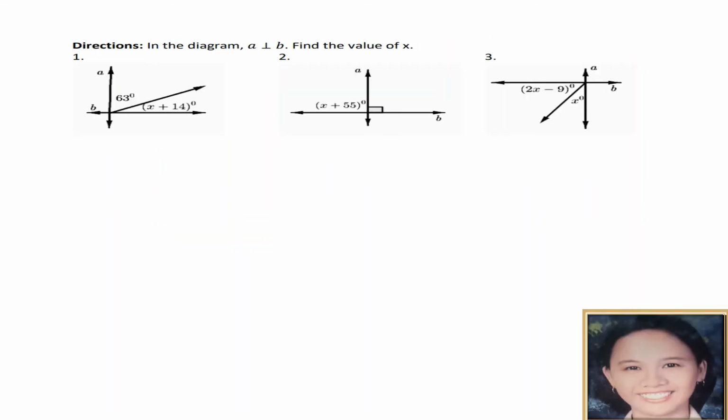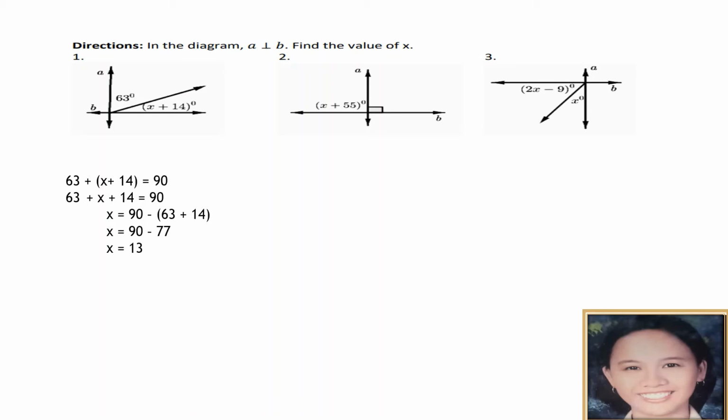Let's try this one. In the diagram, A is perpendicular to B. We have to find the value of x. Now let's look at number 1. We notice 63 degrees and x plus 14 degrees are given. These two angles are complementary. So our equation would be 63 plus the quantity of x plus 14 equals 90. Then we remove the grouping symbol.